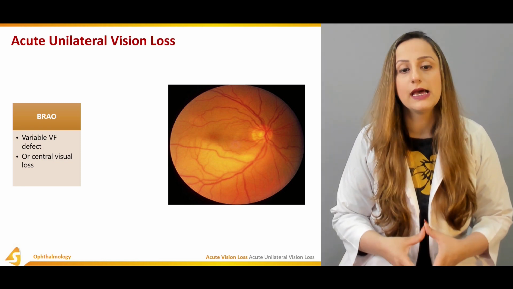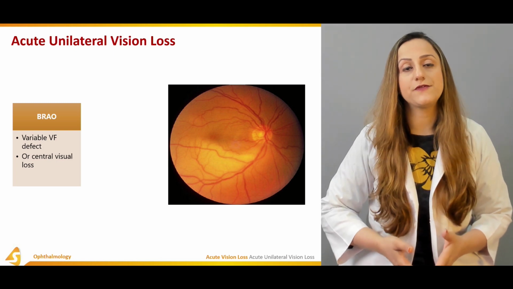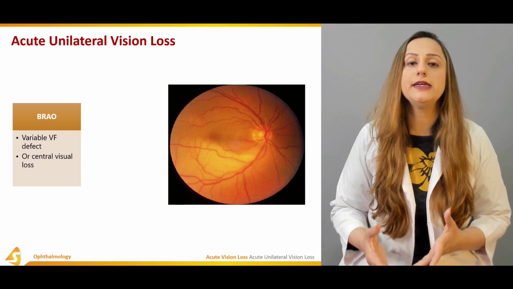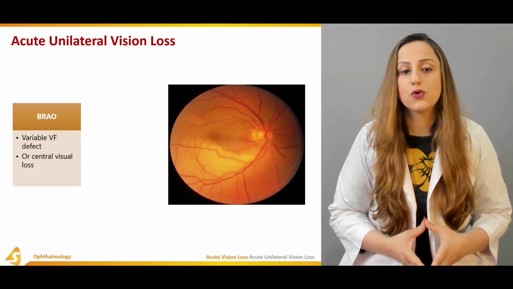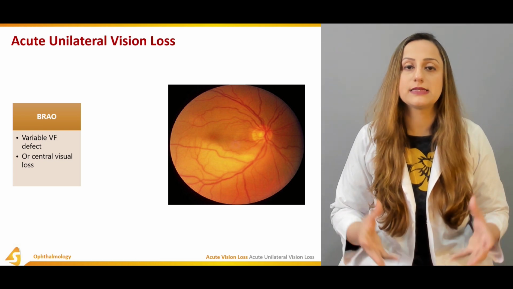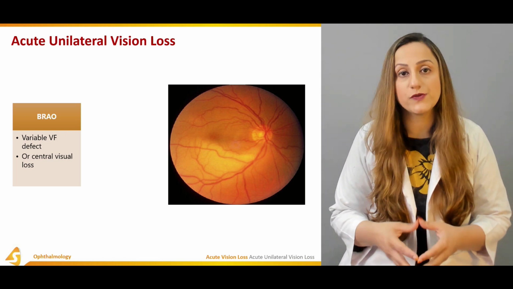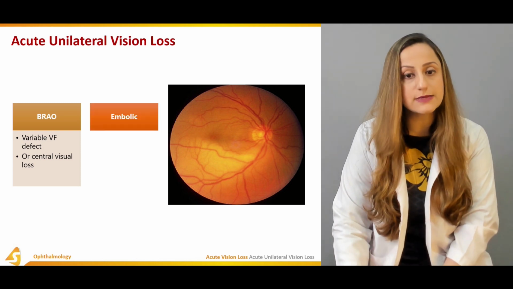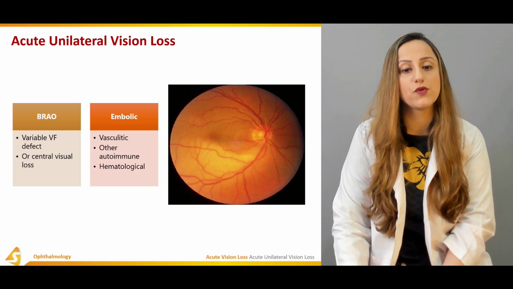It is one of the causative factors. The onset is sudden in these patients, and usually it is of the unilateral kind. Although it is usually the peripheral visual field, in some of the patients the central visual fields are also affected. In such cases, we can also go through the embolic causes over here.